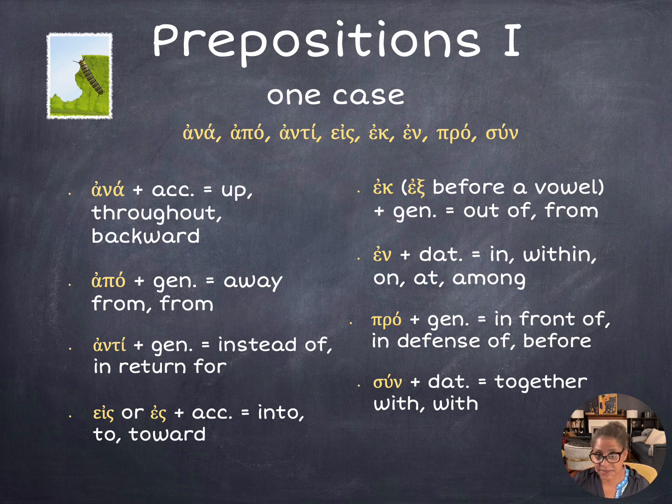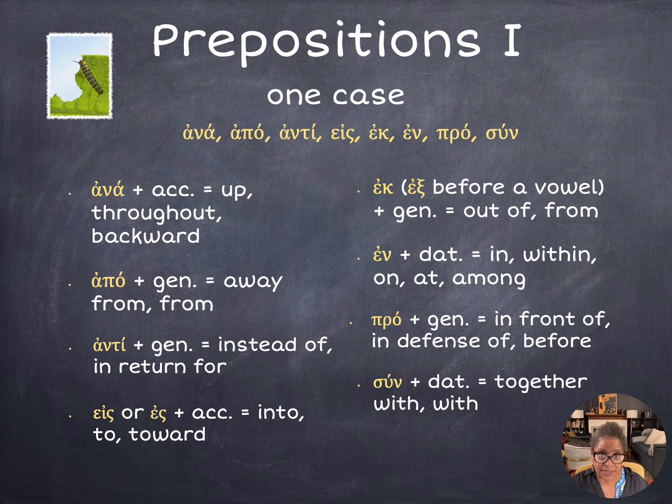En plus a dative: in, within, on, at, amongst, or in a specific position, dative. Pro takes the genitive: in front of, in defense of, or before. So in a position before, in front of, or in defense of something is going to take the genitive. And sun means with, together with, and of course it's going to take the dative.